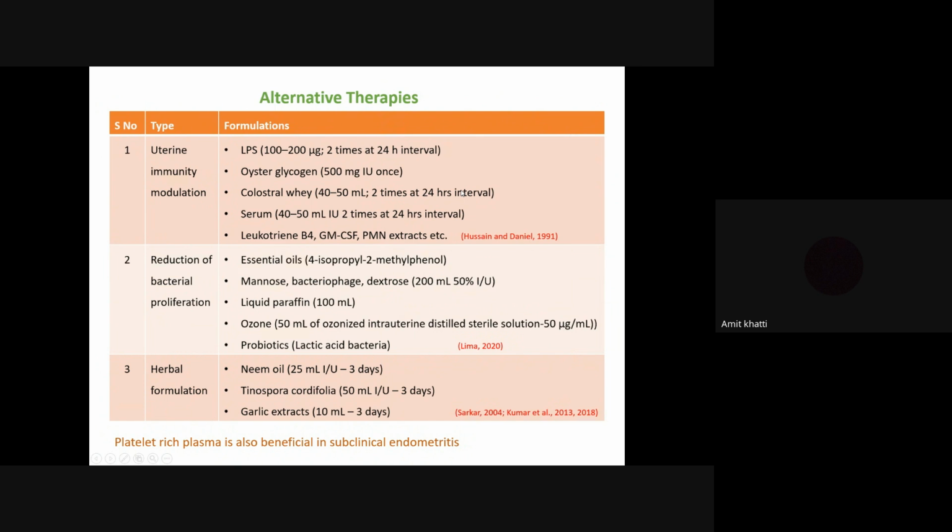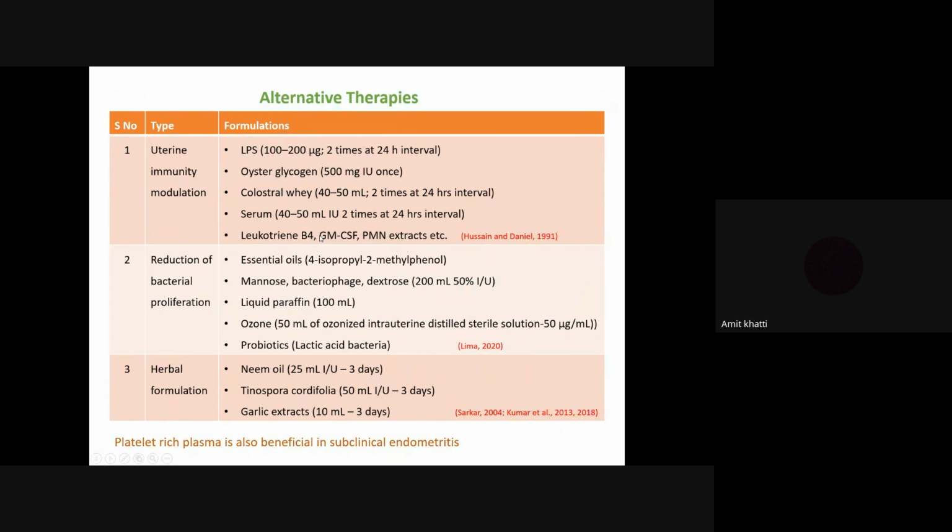Generally, people are also talking about some alternative therapies. In addition to the antibiotic, these are some alternative therapies which we can use. Different groups of people have used these antimicrobial agents, or we can say alternative therapies, and they have got variable success for the uterine infection, like lipopolysaccharide, oyster glycogen, cholesterol whey, serum, autologous or homologous serum, leukotriene, or granulocyte macrophage colony stimulating factor, or we can say PMN extract.